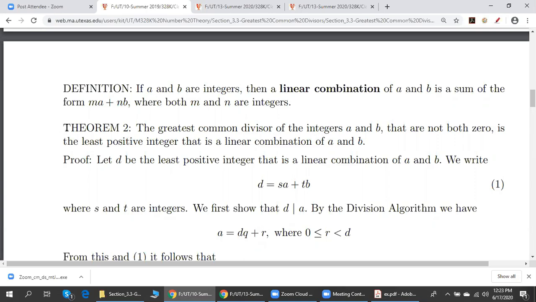Please take a look at Theorem 2. It turns out that the greatest common divisor of integers A and B that are not both 0 is the least positive integer that is a linear combination of A and B.